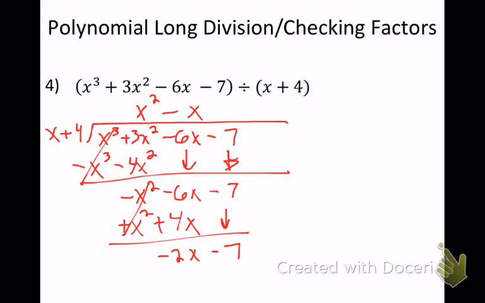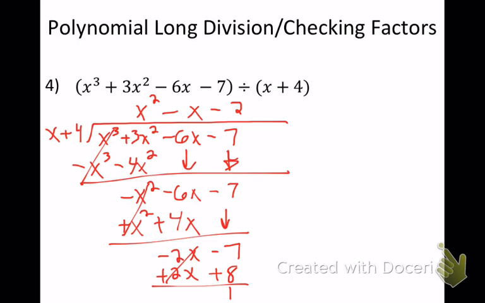How many times is x going to negative 2x times? Negative 2. Multiply back. Change my signs. I get 1.